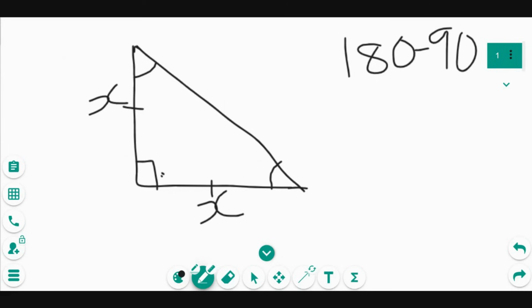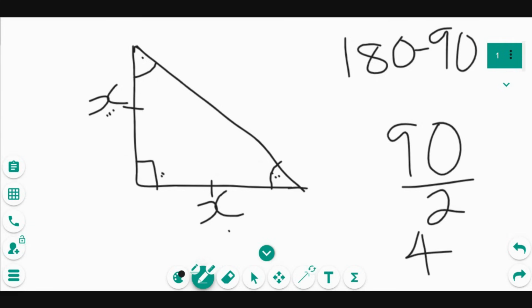Meaning I have 90 remaining to give us the total angle sum, which is being divided by these two angles. But we have said that if the sides are equal, then the angles are also equal. So if the angles are equal, they are automatically going to be 45 each. Each angle is a 45.